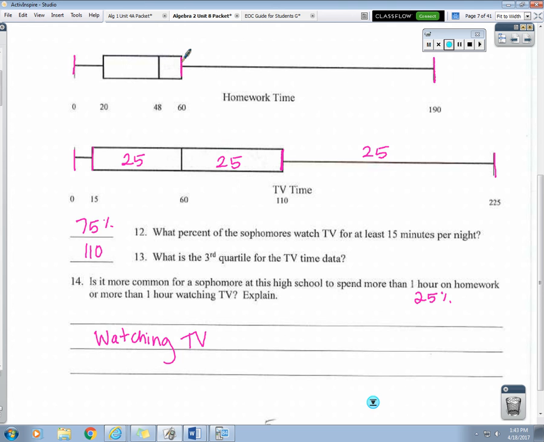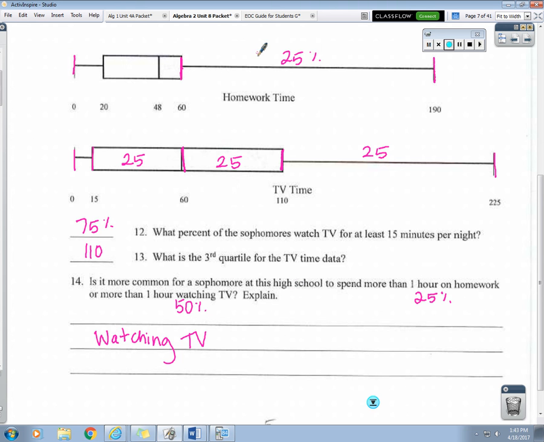There's 60, which is 60 minutes or an hour, and from there to there it's only 25% of the data. Then for watching TV, here's 60 minutes, so from here over is 50% of the data. So twice as many watch TV for more than an hour than did homework for an hour.